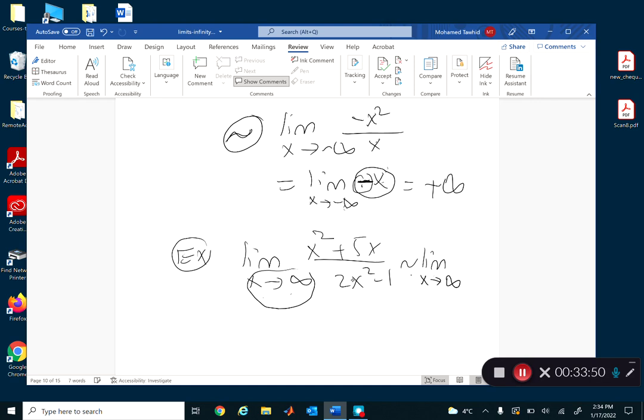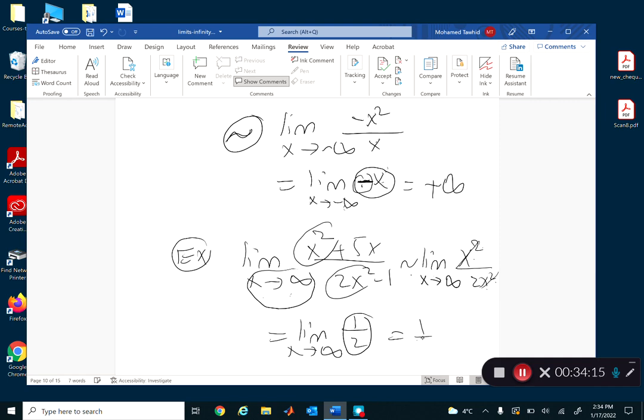You get this approximation only when x is close to plus infinity or minus infinity. So what is my leading term here, guys? The highest power, x squared. Down here, the leading term is 2x squared. So x squared cancels with x squared. So what do you have? The limit as x close to infinity of 1 over 2. That is the constant.